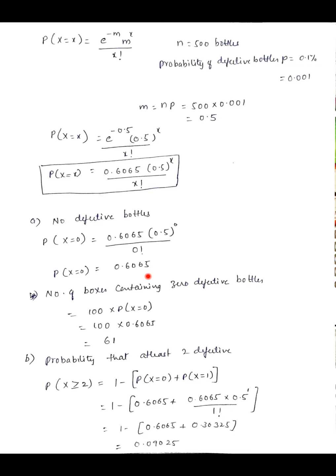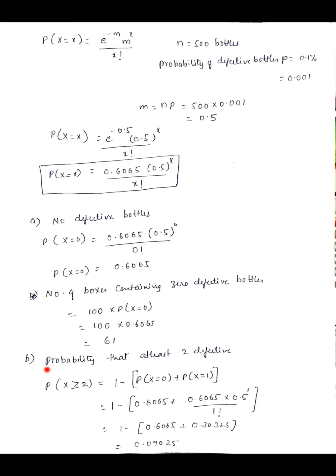So the number of boxes, 100, into the probability of no defective bottles, P(x = 0), that is 100 into 0.6065, and you get the value as 61. That means out of 100, 61 boxes have 0 defective bottles. This is how we find the probability.